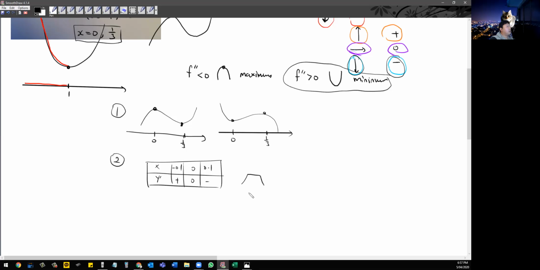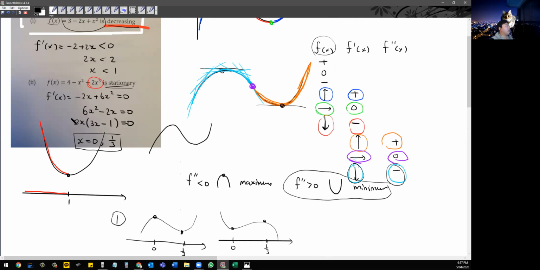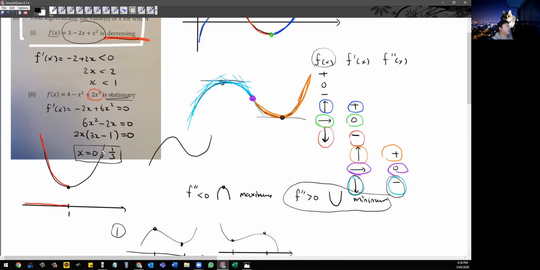I find it very time consuming to do. And you do it for the other point, 1 on 3, 0.333. So go for maybe 0.4 and 0.3, and then y dash will be negative, 0, positive. So that's a minimum.